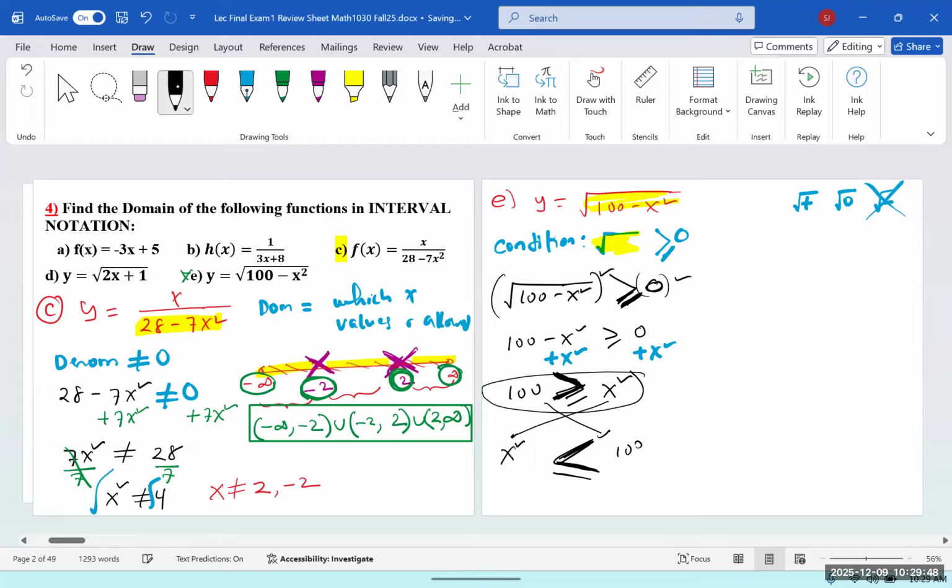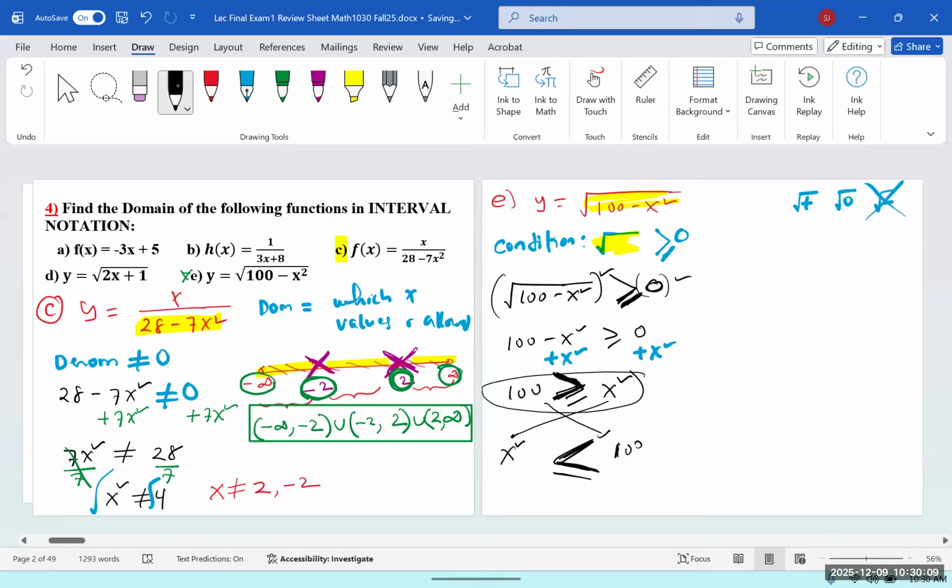Cannot change the mouth. And then if you try to take the square root, it doesn't make sense because you're looking for all the numbers that are smaller than 100 when you square them. So you have two choices.